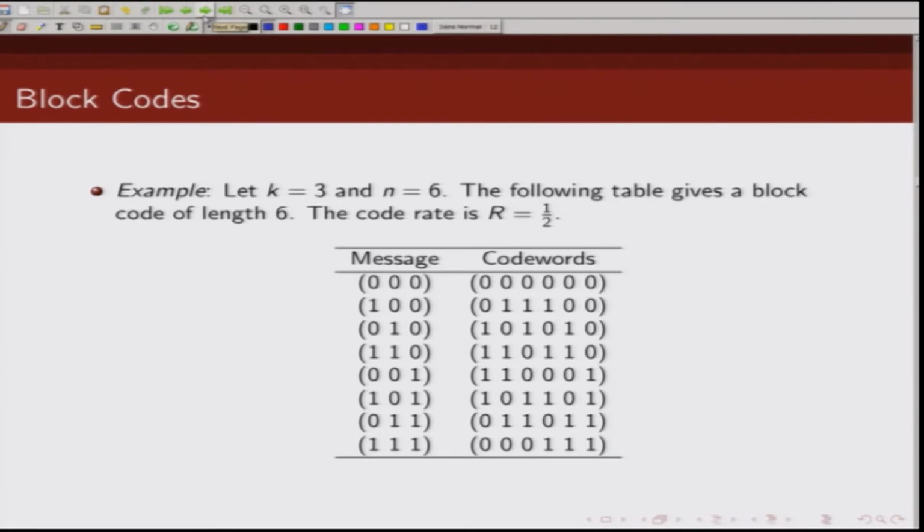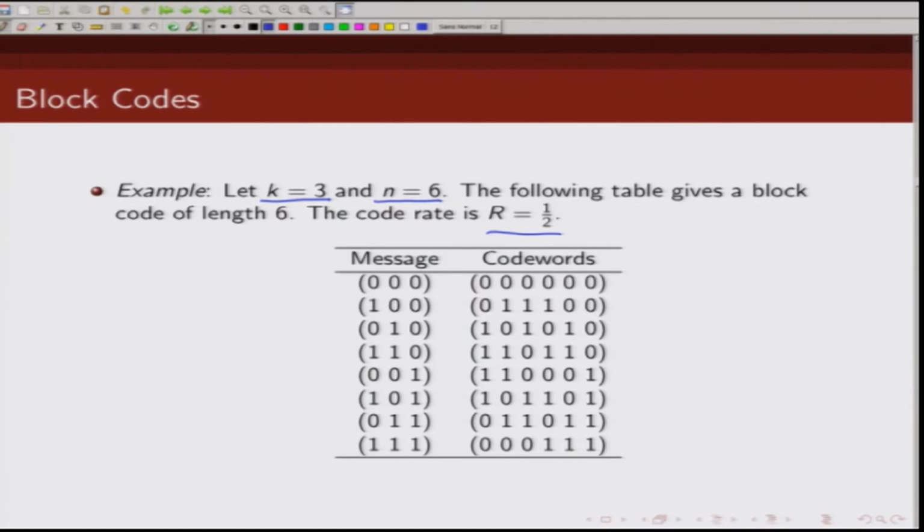Let us consider an example of a linear block code. In this example the number of information bits is 3 and the number of coded bits is 6. So, the code rate, which is the ratio of the number of information bits to the number of coded bits, is 3 by 6, which is half.